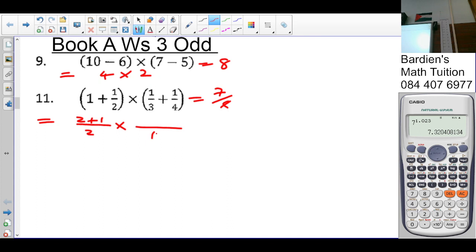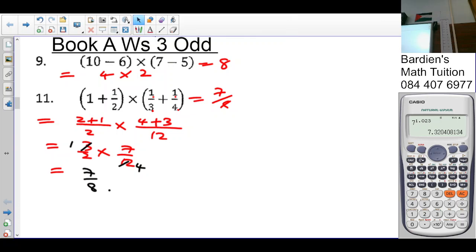So the LCM here is of course 12. You times it by 4. You multiply that by 3. So it's going to be 3 over 2 times 7 over 12. 3 goes into 3 once, 3 goes into 12, 4 times. 1 times 7 is 7, 2 times 4 is 8. You all understand?